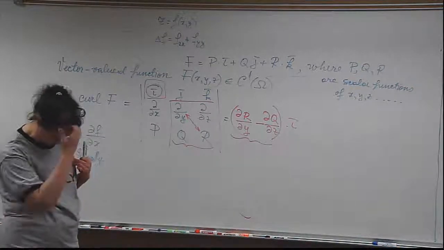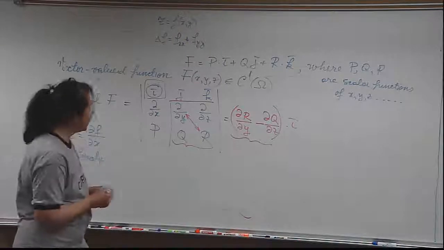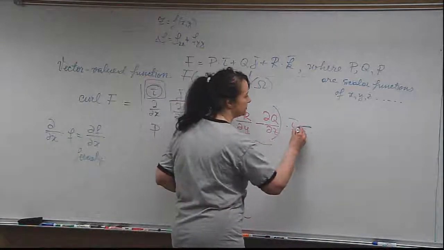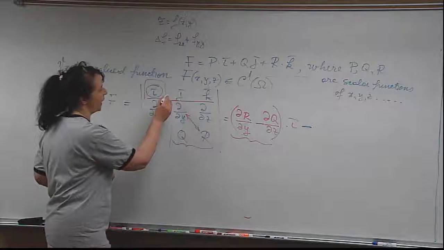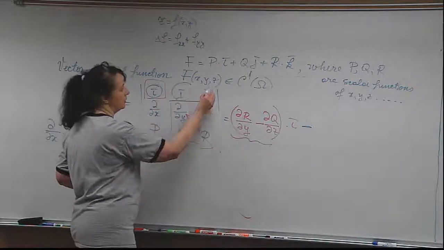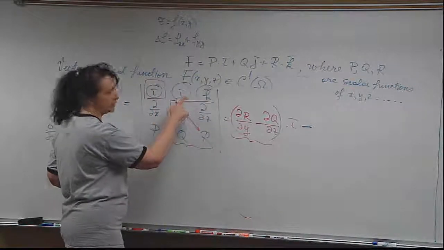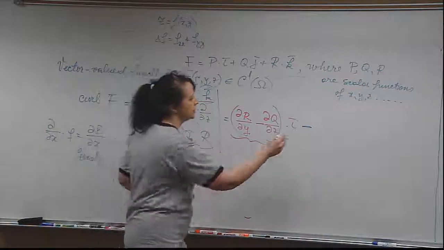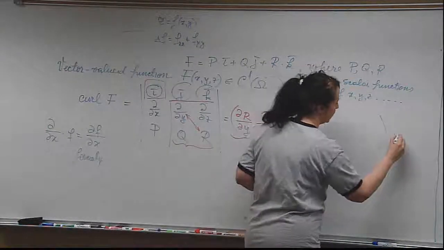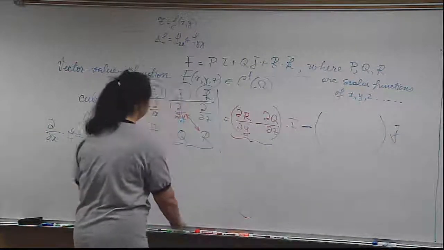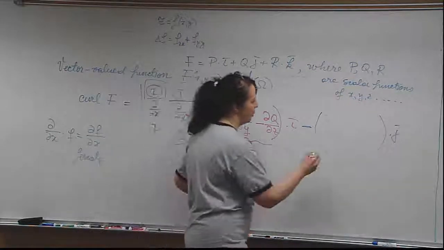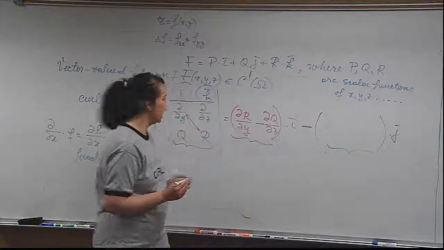Okay. The second term, did they put the minus? No, they changed the signs. That's a pain. I would put minus because I'm expanding along the first row, that means second element, minus something minor times j. Which minor? Let me make it all in lime. Lime is a nice color.